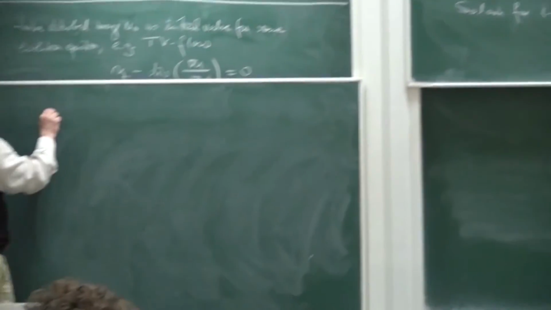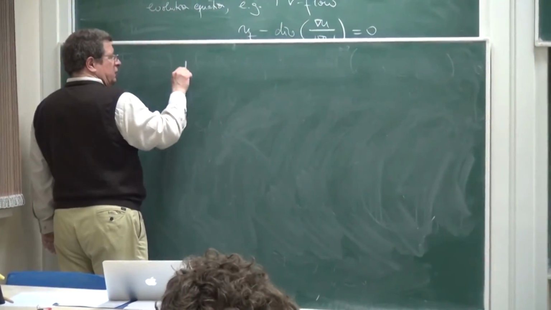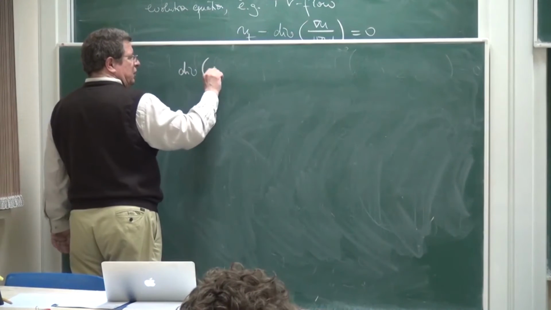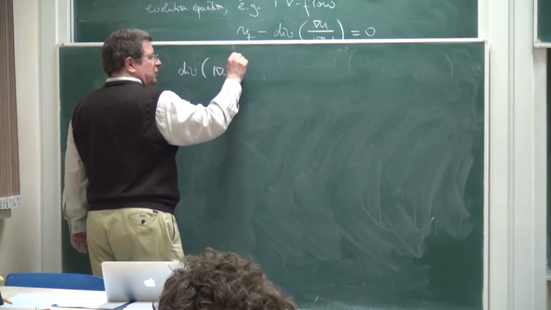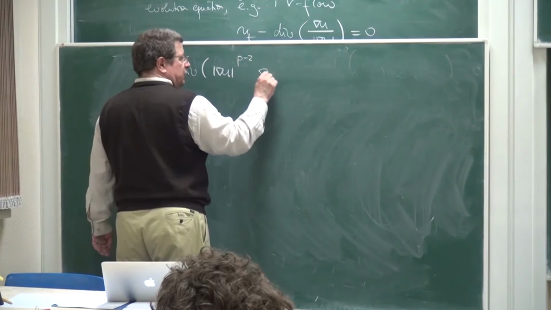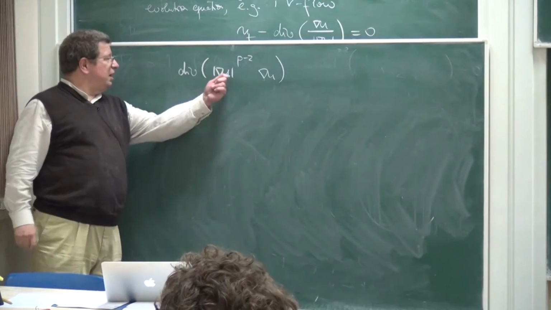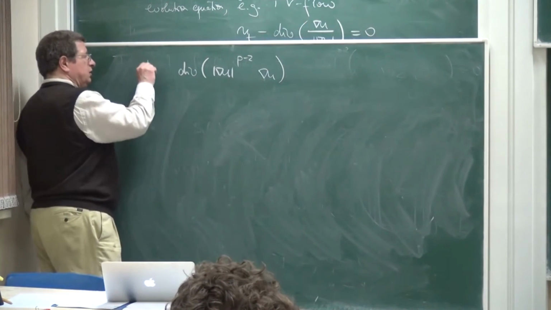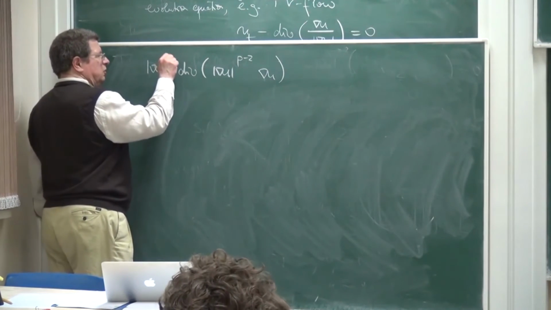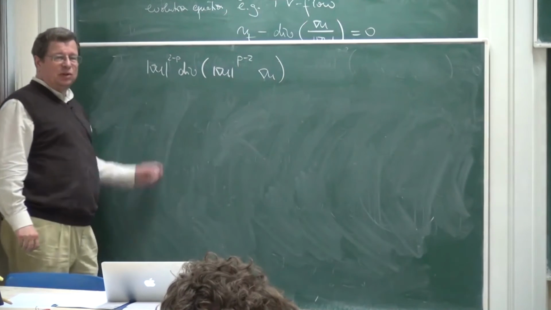Now remember, the p-Laplacian is divergence of gradient u to the p minus 2 times gradient u. If I multiply this with gradient u to the 2 minus p, then it is one homogeneous.